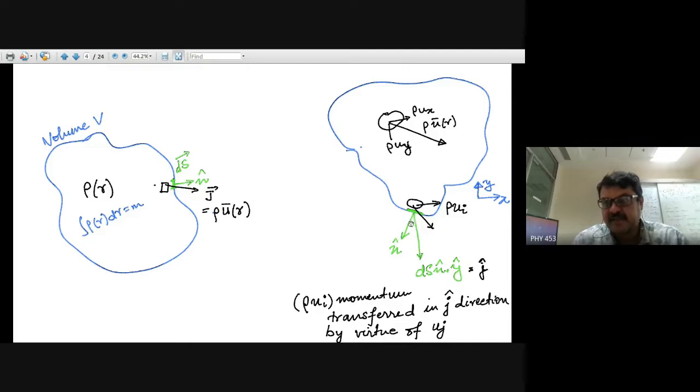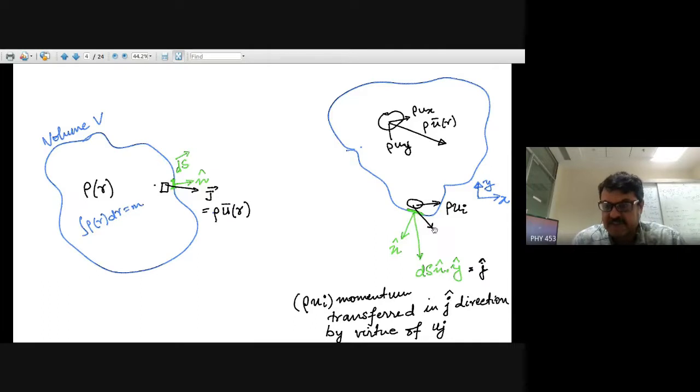In this, n is the surface normal, this is the surface area, hence this is the direction of the outward normal to the surface. And the fluid is pointing in this direction, the surface normal is pointing in this direction, through which the fluid is going out.